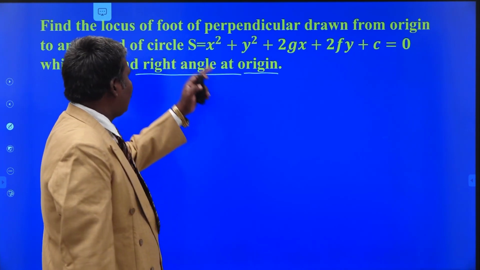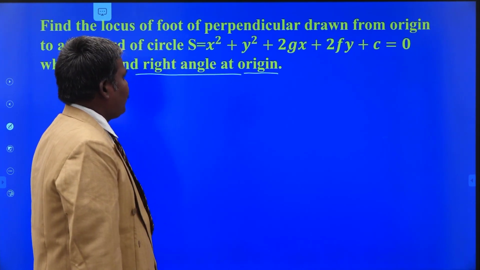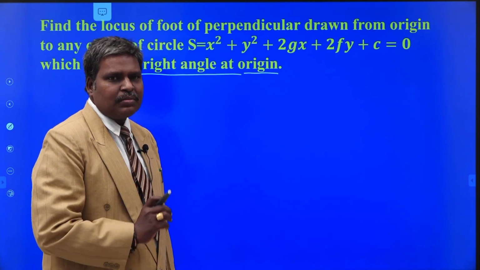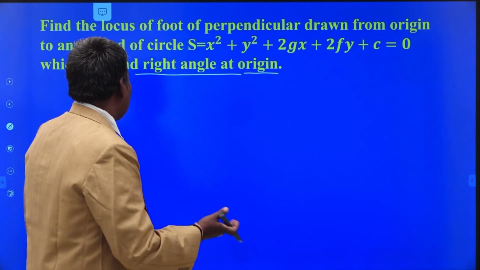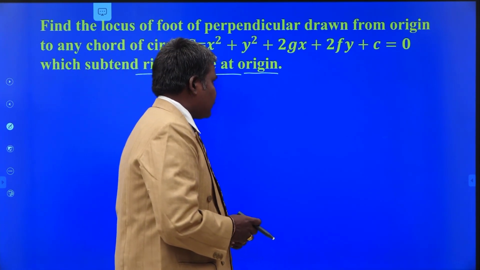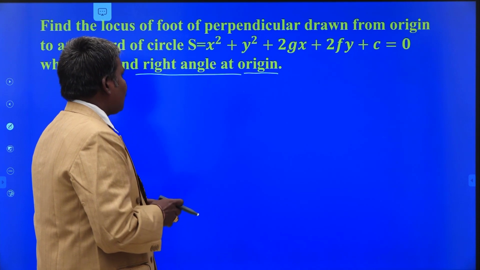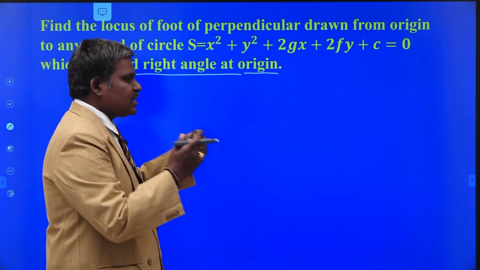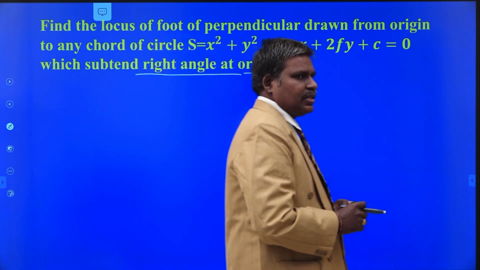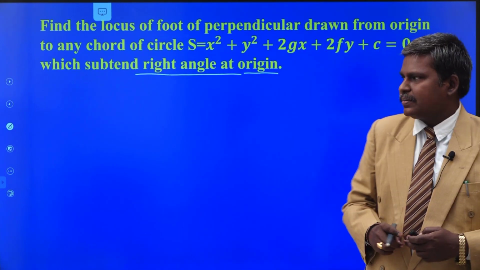You have to find the locus of the foot of perpendiculars drawn from the origin to the chords of the circle x square plus y square plus 2gx plus 2fy plus c equal to 0. Which type of chords? Those chords that subtend an angle of 90 degrees at the same point, the origin.